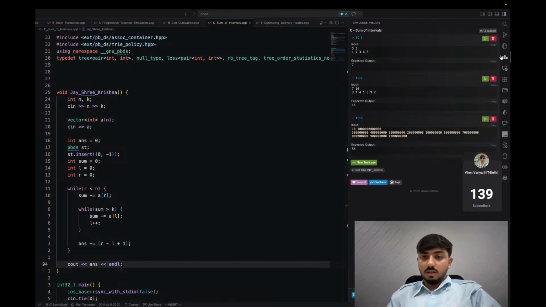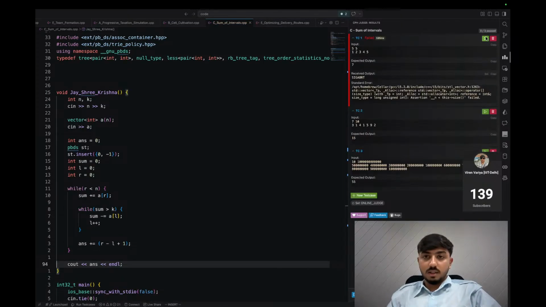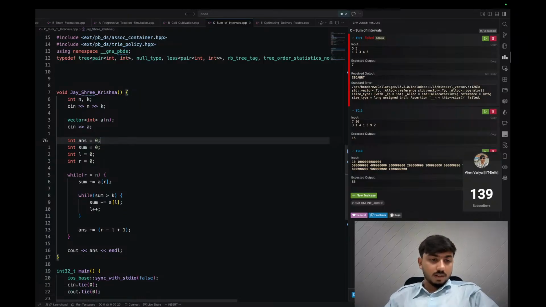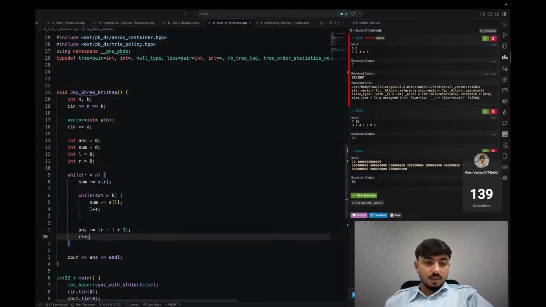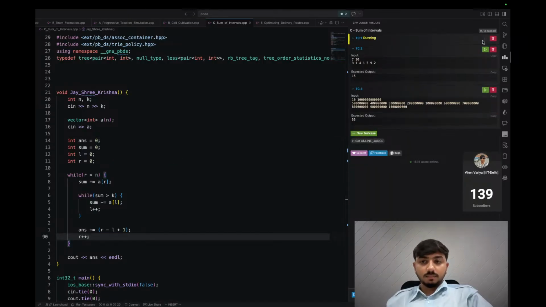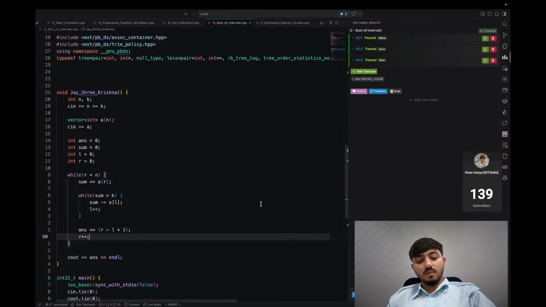That is all it is. They don't need this R, we need to do R plus plus. See, this is what it is.